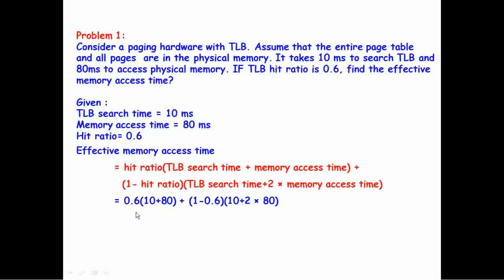So here it will be 0.6 into 90 plus 1 minus 0.6 is 0.4, 10 plus 2 into 80. 80 into 2 is 160, 160 plus 10 is 170. Then after simplifying this, we get the value as 54 plus 68 and finally after adding we get the value as 122 milliseconds. So for the given problem, the effective memory access time is equal to 122 milliseconds.